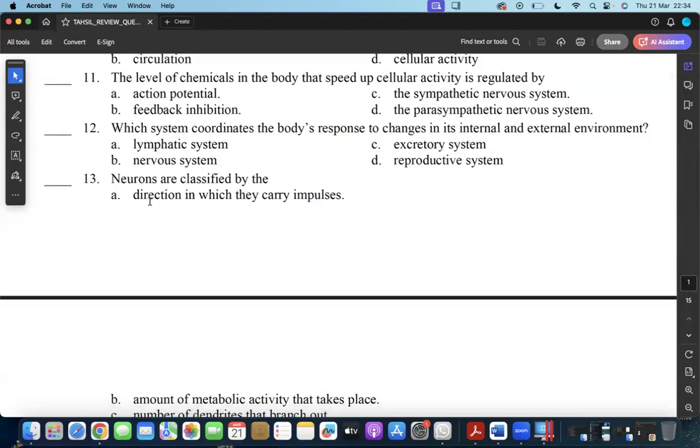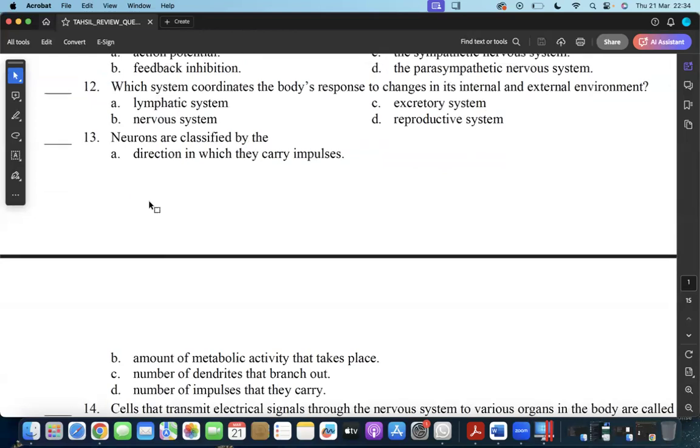So question number 12 says, which system coordinates the body's response to changes in its internal and external environment? The question is asking, which system would do the coordination of the body responses to changes?